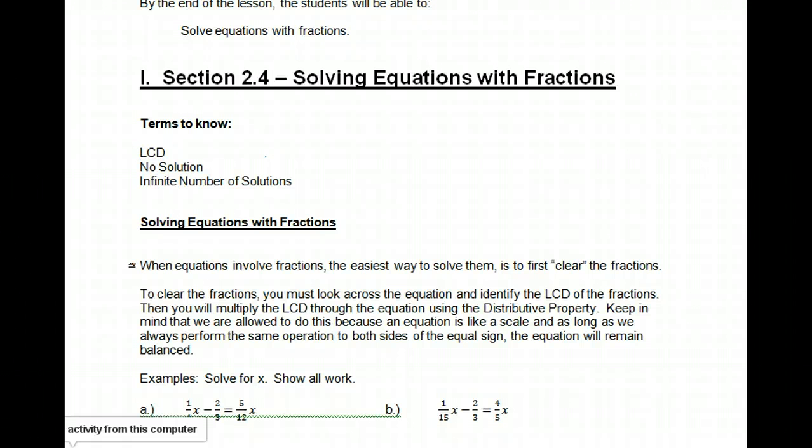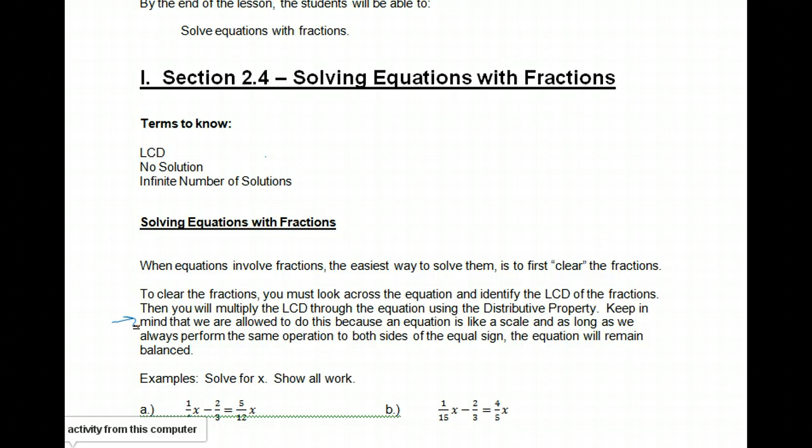Now, keep in mind that we are allowed to do this because an equation is like a scale, okay? And as long as we perform the same operation to both sides of the equal sign, to every term in our equation, that equation is going to remain balanced.